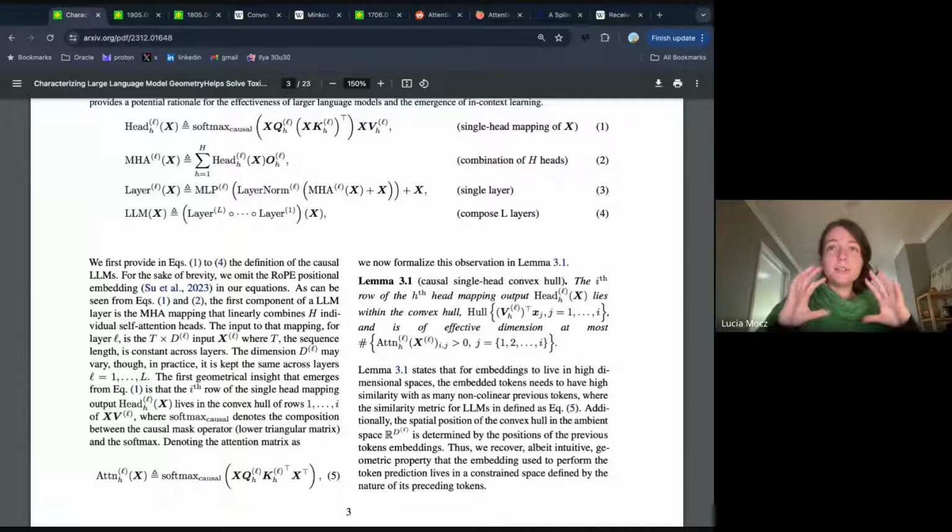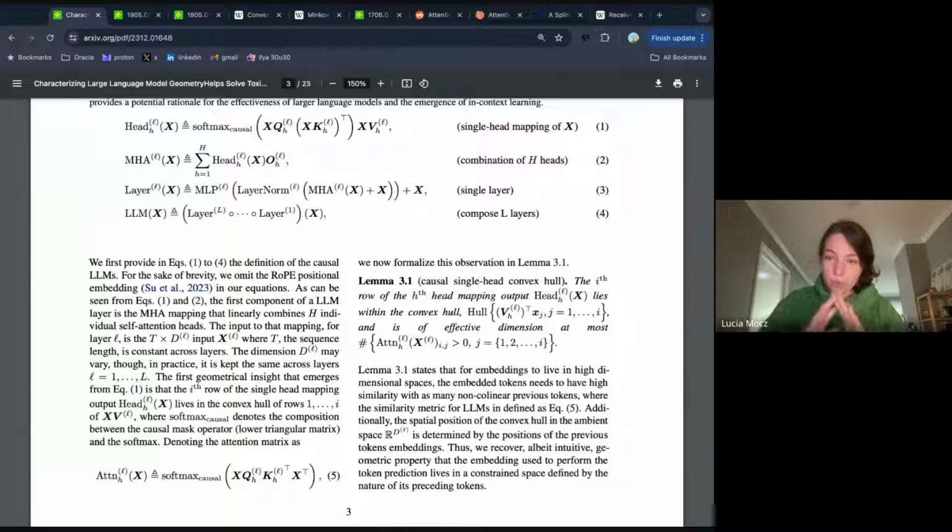All right. So in this sense, of lemma 3.1, what's significant about this is that under this attention mechanism, a priori, we don't know how these tokens are going to be predicted.